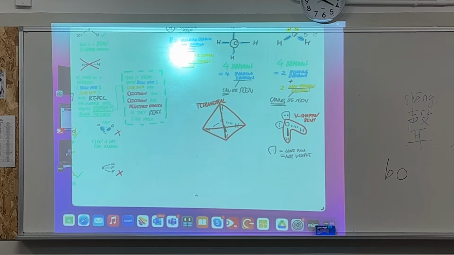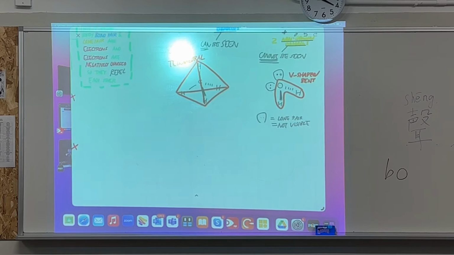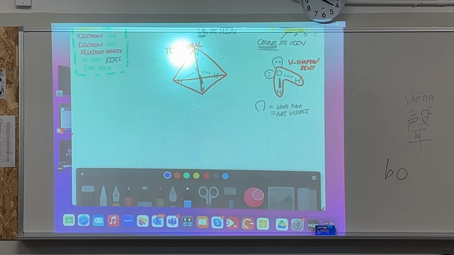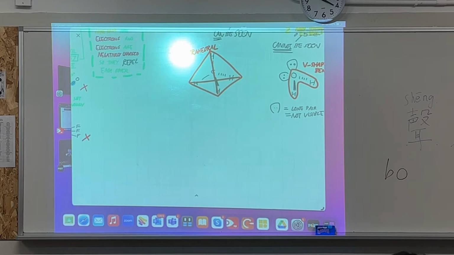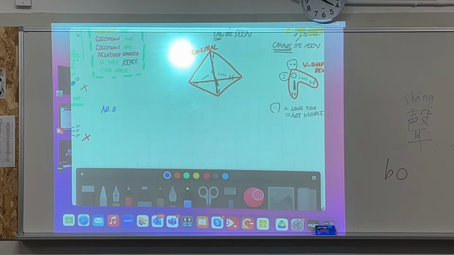Now I want you to remember how the domains will arrange themselves when there is a different number of domains. So, let's copy this on the table: the number of domains and how they are arranged in space.